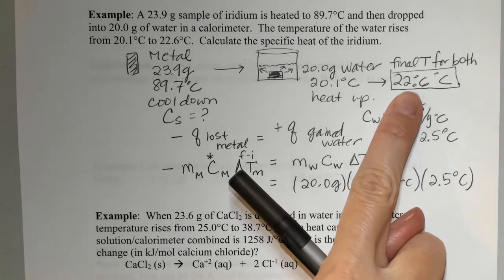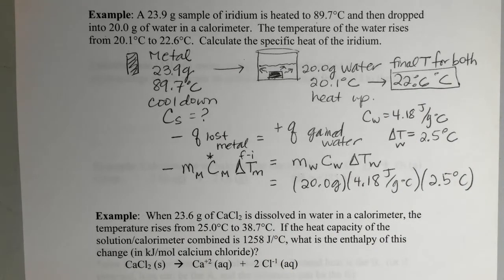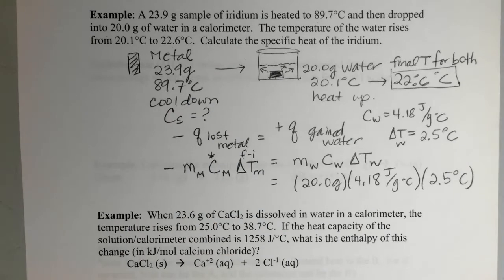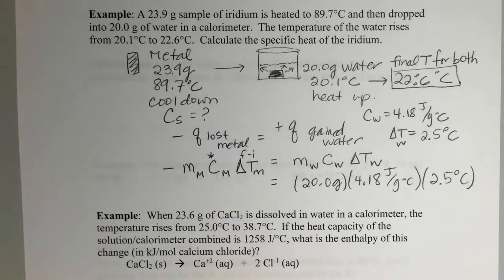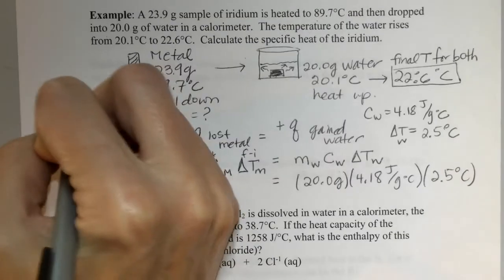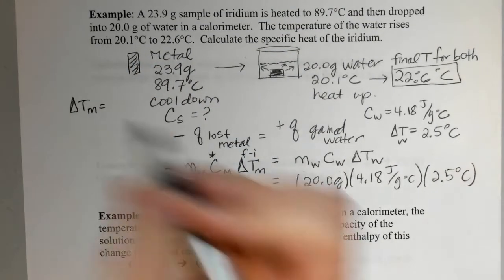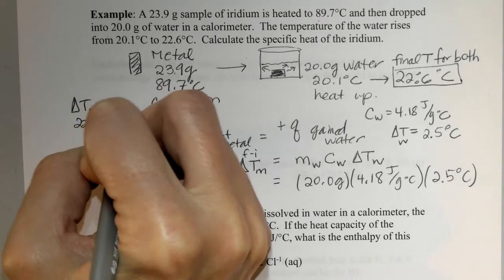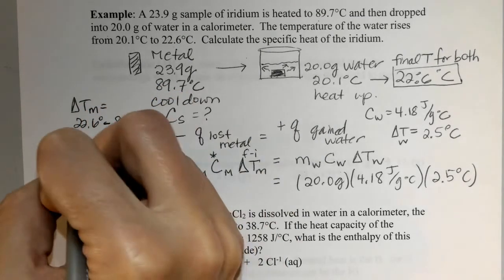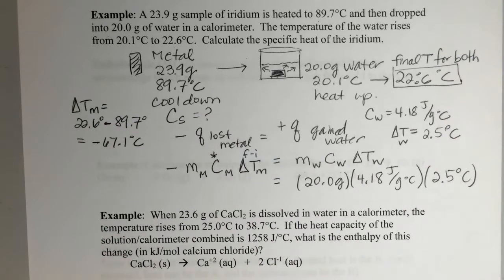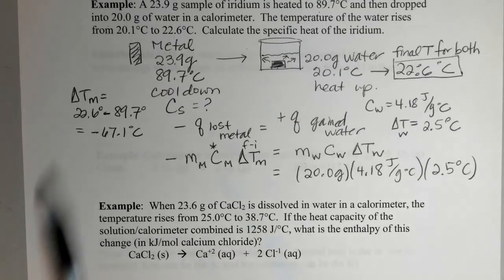So if I have a 22.6 final temperature for the metal minus 89.7, which was the initial, the change in temperature of the metal would be final of 22.6 minus 89.7, which is negative 67.1 degrees Celsius. All right, and that makes sense because it's cooling down, so your temperature is dropping, right?